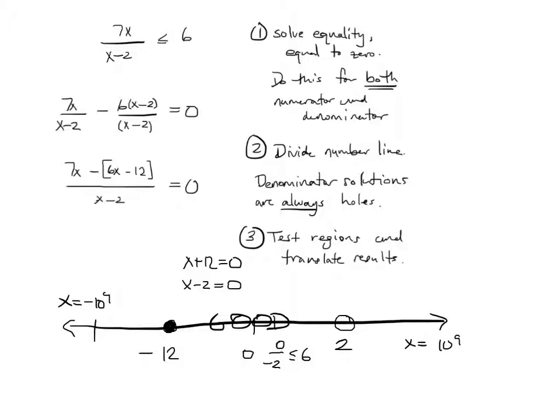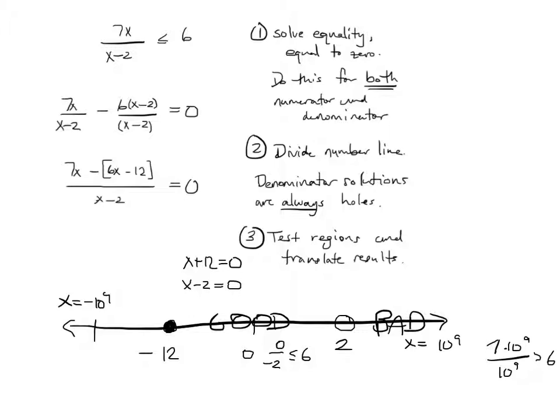When x is 10 to the 9th, that does not work. We'll get 7 trillion over a trillion, so 7 times 10 to the 9th over approximately 10 to the 9th, which is about 7, which is bigger than 6. So this is actually a little tricky. So this is bad.